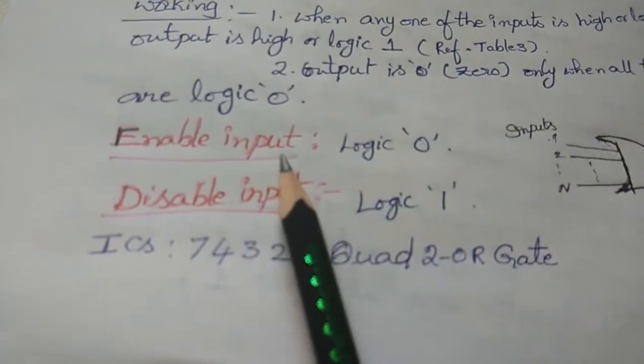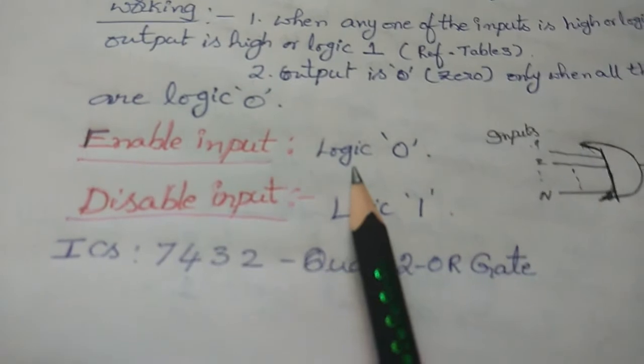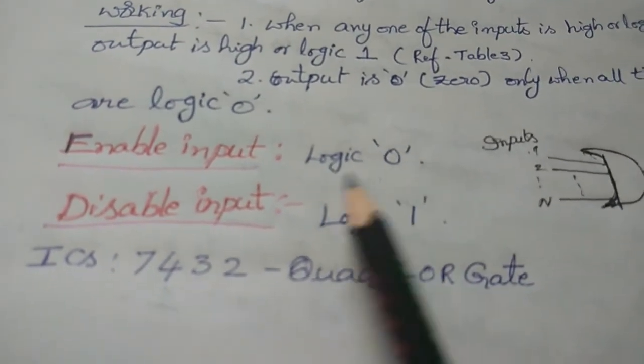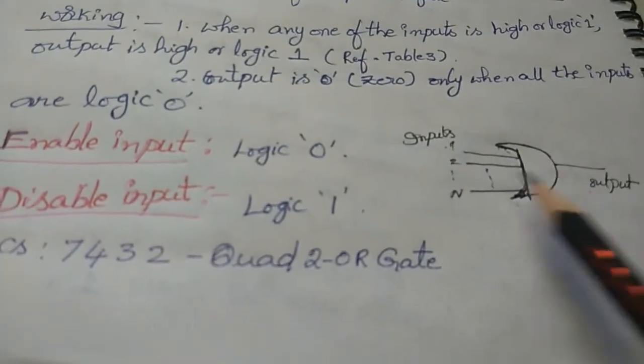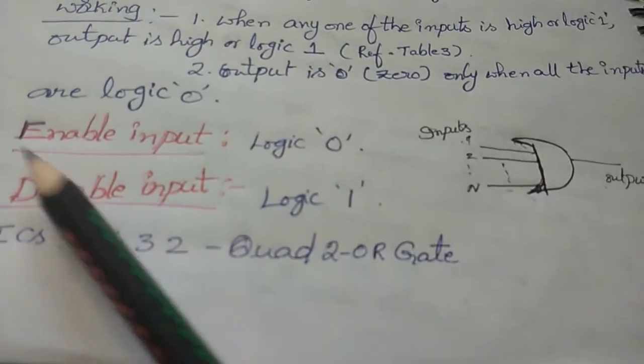The enable input for the OR gate is logic 0. It means if any one of the inputs is 0, the output depends on the other inputs; that is the enable input.